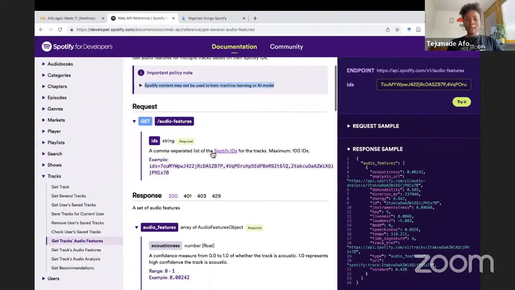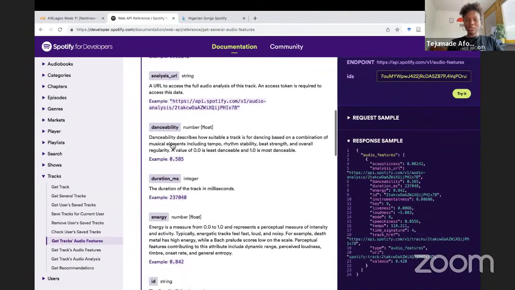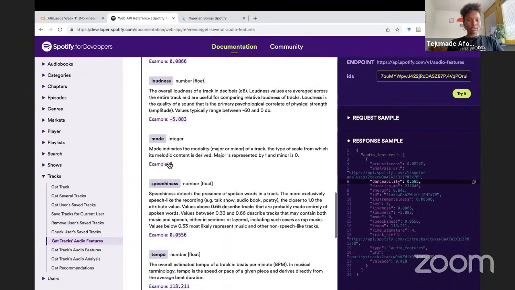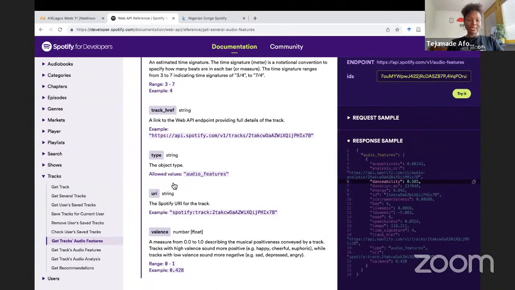All right, great. And here you can see all of the audio features, right? If you go to track and get track audio feature, you can see the different audio features, and there is even an example of what value each can take in the documentation that Spotify has so brilliantly put together.